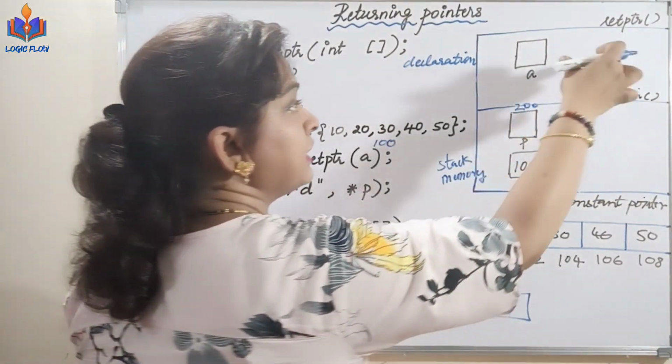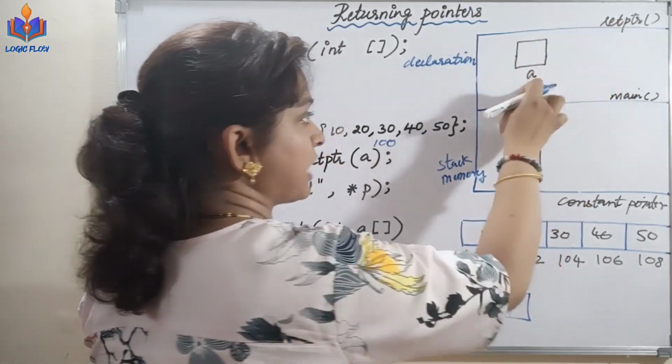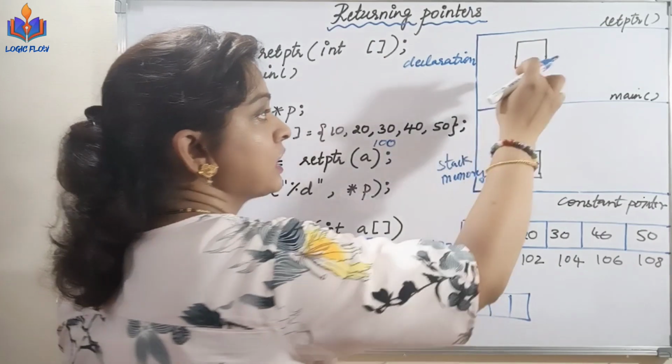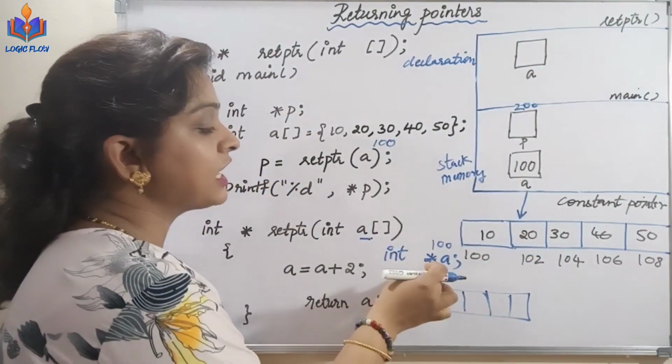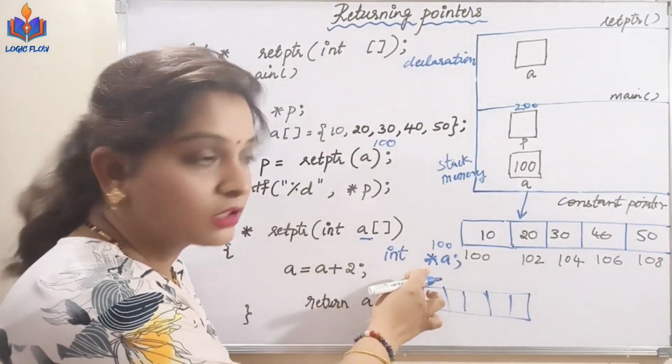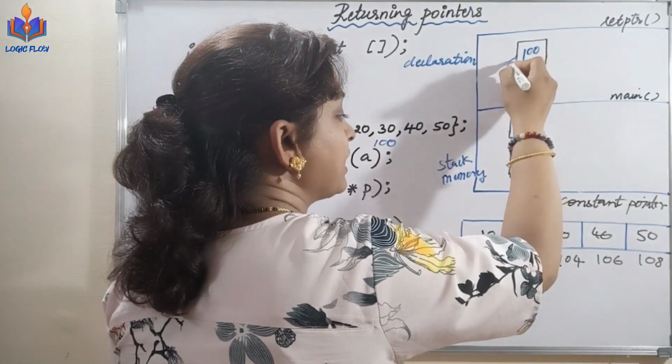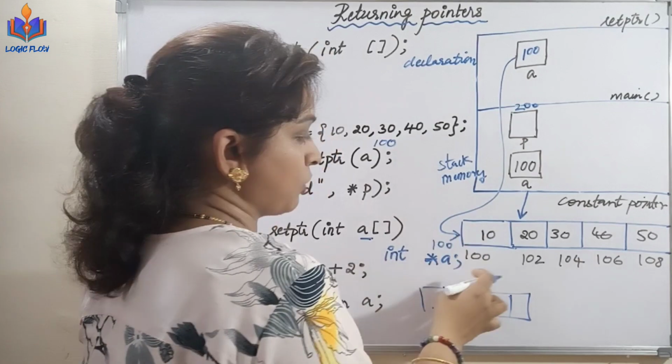Now in the return pointer sub function I have A, where this A is receiving 100. So this pointer variable is acting as an integer pointer storing the value 100. Now A is pointing to this location and the constant pointer is also pointing to this location.